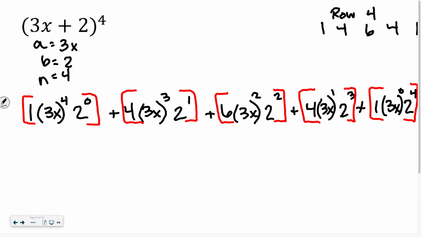Okay, now I'm going to simplify. This is 1 times, if I'm doing 3x to the 4th, what's 3 to the 4th? 81 times x to the 4th.